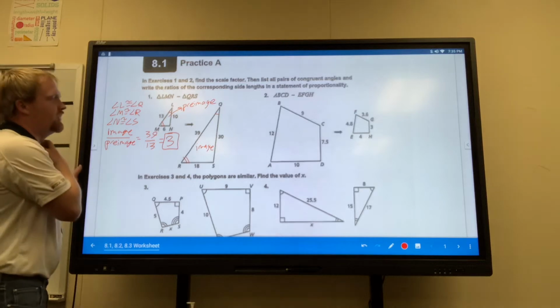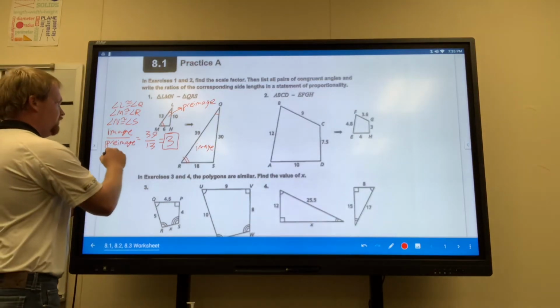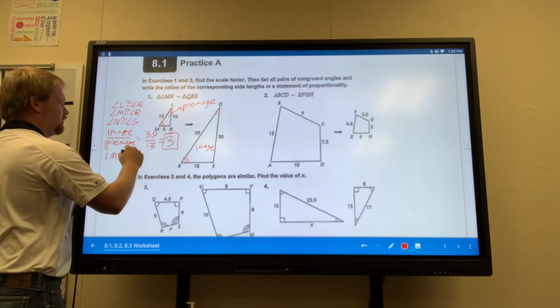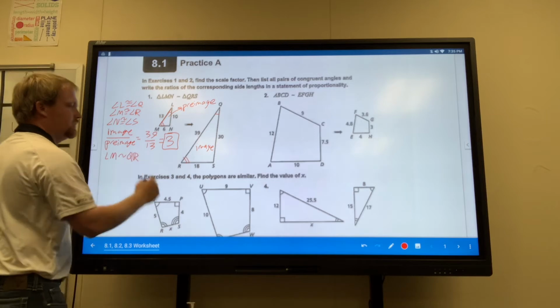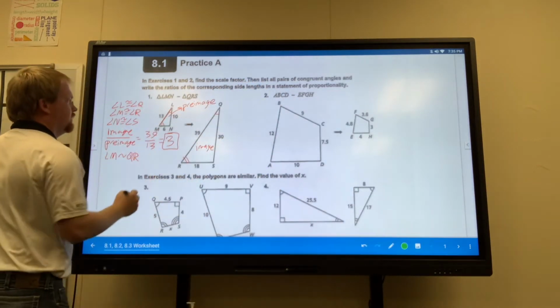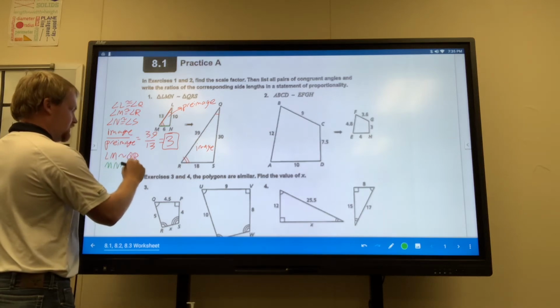But I also want to figure out which lengths are similar to each other. For example, LM is similar to QR. MN is going to be similar to RS.